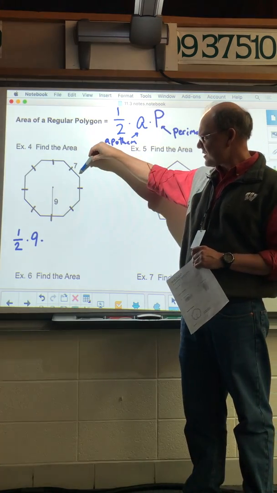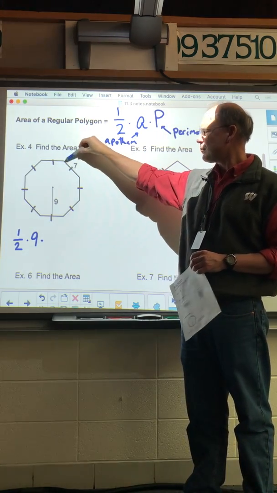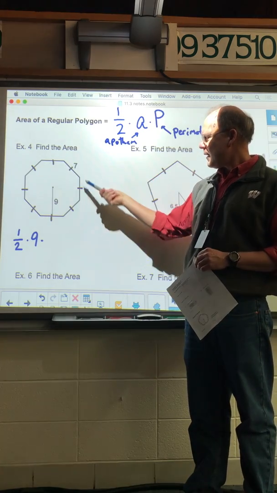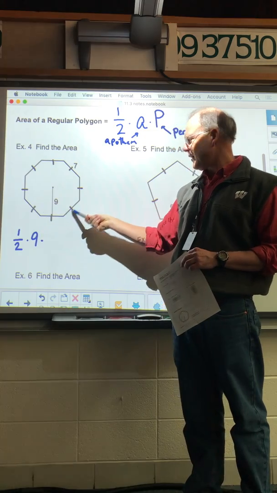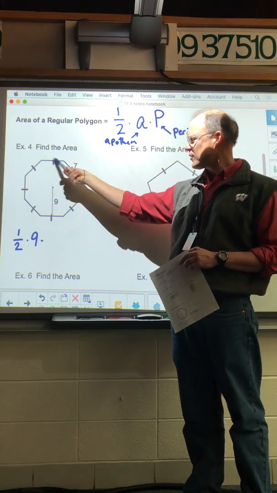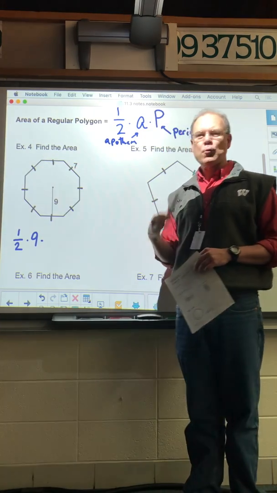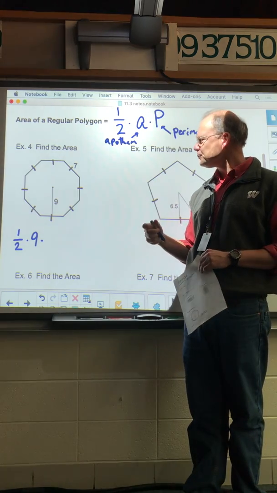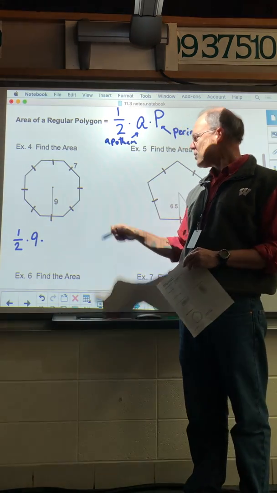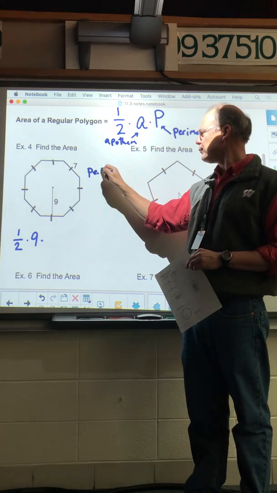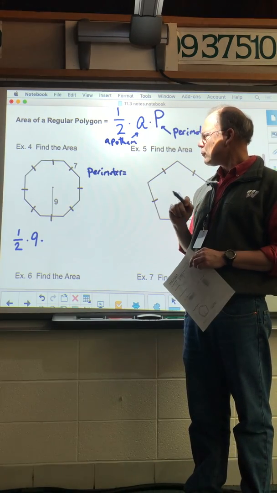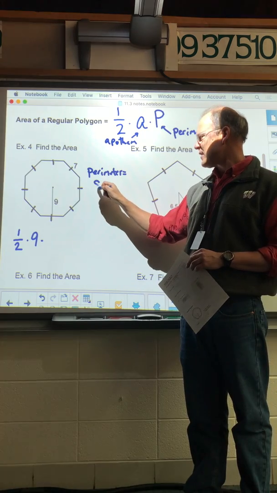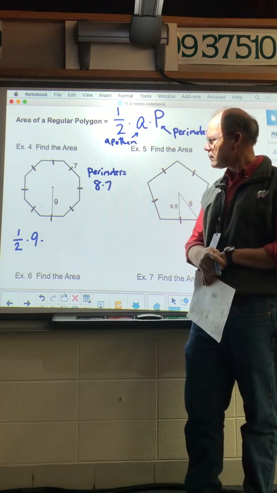It tells us that this side is 7, and then it also tells us that every side is the same length. That's what the little tick marks are. So this is a regular octagon. So the perimeter would be 8 times 7, right?